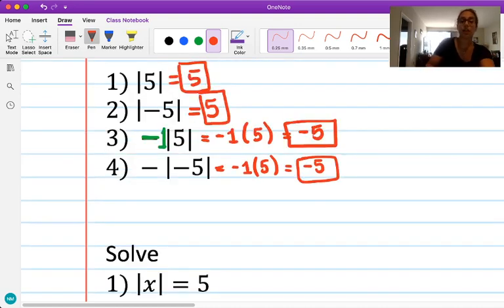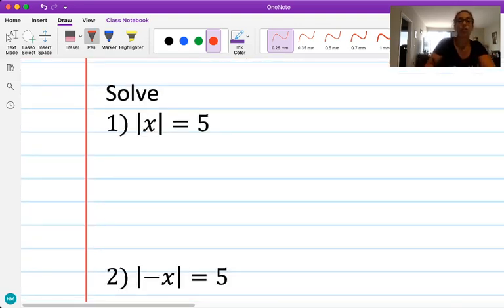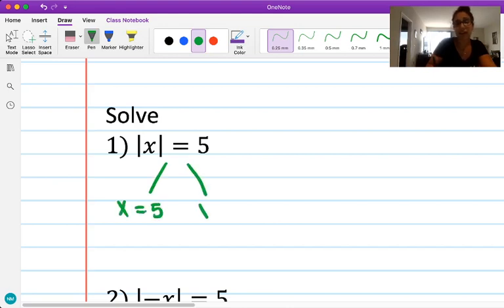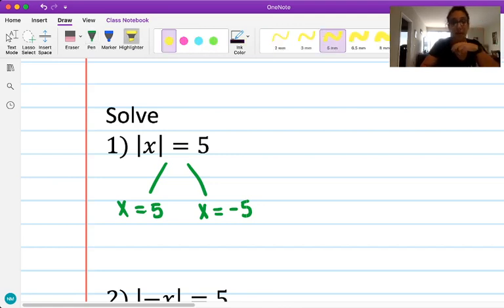Okay, so what about when we're solving? That's the question. Here you can use logic, right? The absolute value of x is equal to 5. I know that x equals 5 works because the absolute value of 5 is 5. And I know x equals -5 works because the absolute value of -5 is also 5. However, the process is going to be the same for all absolute value equations.